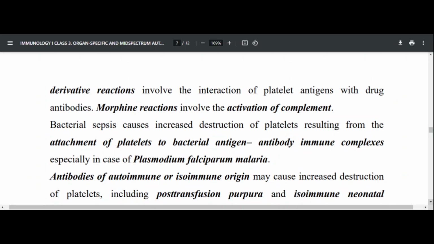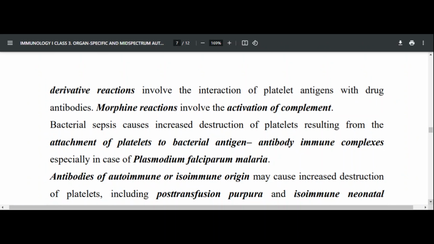If you are experienced in malaria diagnosis, you remember that in severe Plasmodium falciparum malaria there is a tendency of also showing thrombocytopenia or low platelet counts.